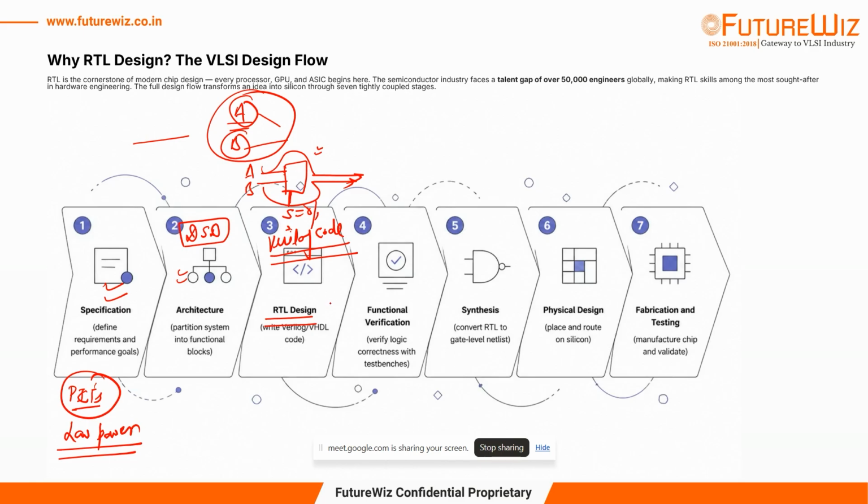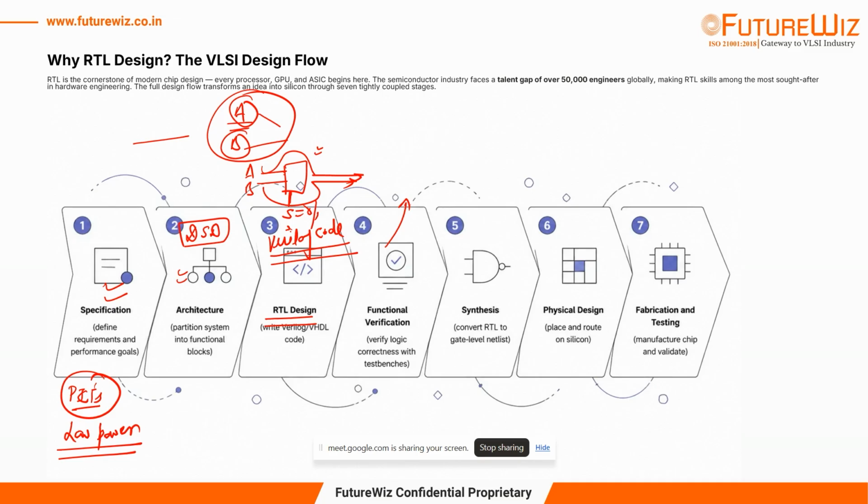So before manufacturing, the functionality will be verified: the RTL code which I wrote, is it working perfectly and as per the customer's request or not, right? And this is basically functional verification.